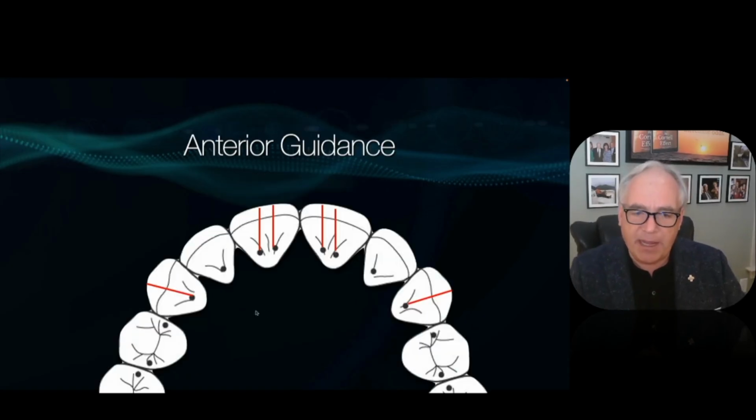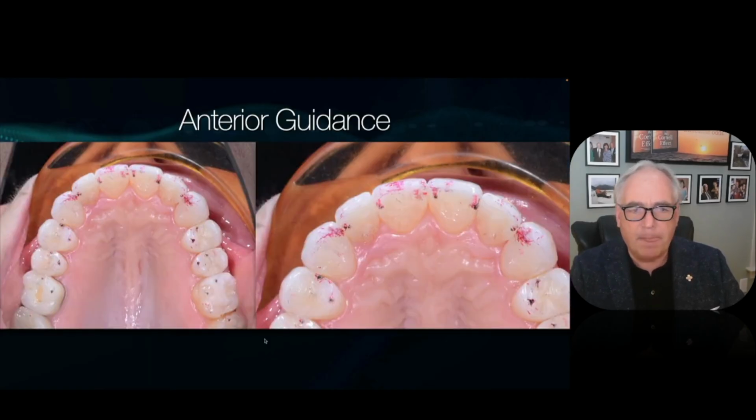And generally speaking, there's going to be a solid line on the canine going each way, and usually balanced lines on the centrals are all we need. Now, there's some variations where you might pick up the lateral as well in protrusion, and sometimes you can even pick it up in lateral. But most of the time, the canines and the centrals are certainly strong enough. But look at x-rays, look at crown to root ratios, check mobility, all those things matter.